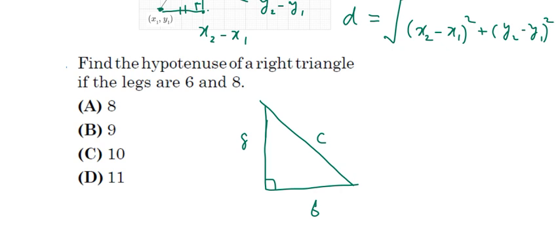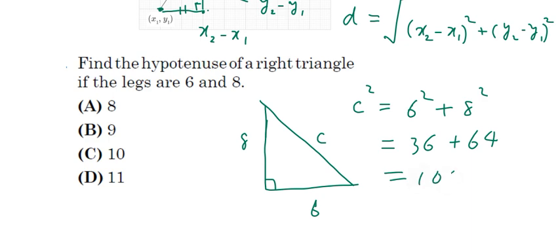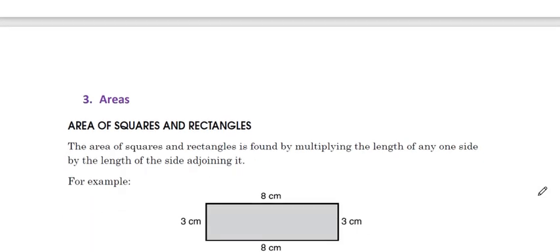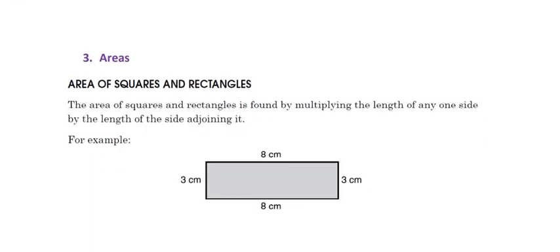We just use C squared equals A squared plus B squared. So we find this equals 100. So C equals 10, right?